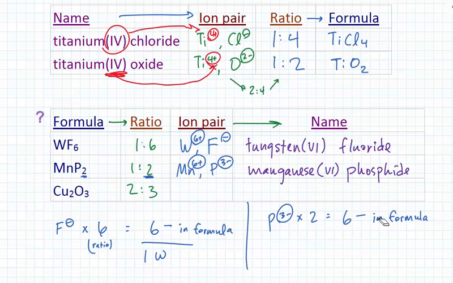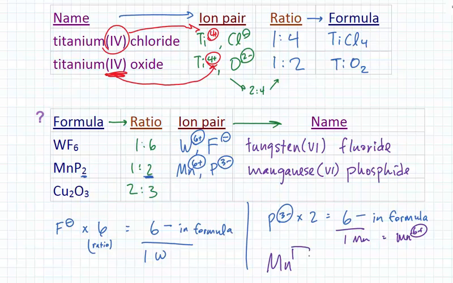So sometimes doing it mathematically like that works well. Essentially all you're doing is dividing by the number of the other one. I only have one of them there. Sometimes it's going to be helpful to do it sort of visually, understanding that you've got one manganese and 2 of these phosphide ions.